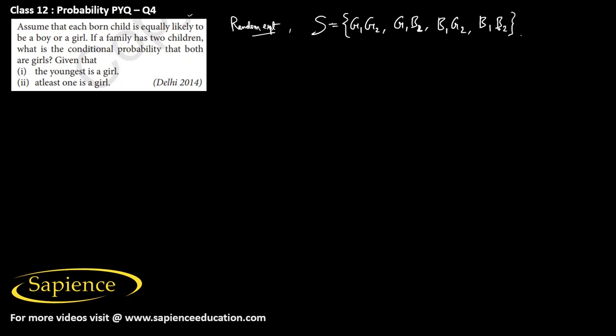So there are four possible outcomes in the sample space of this given experiment.